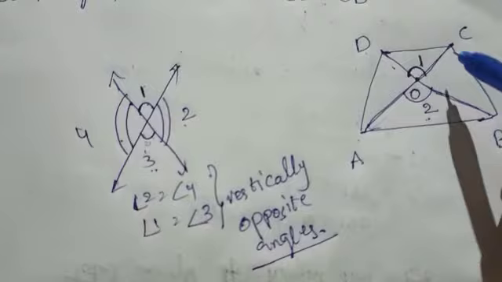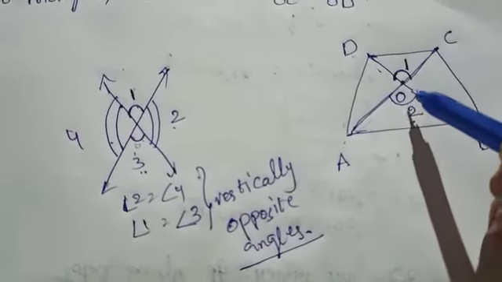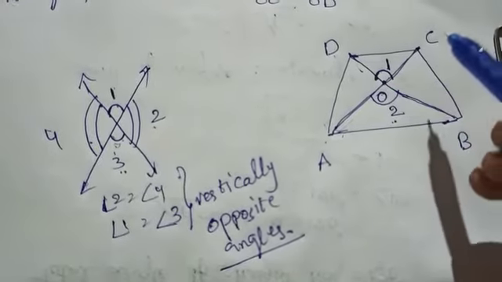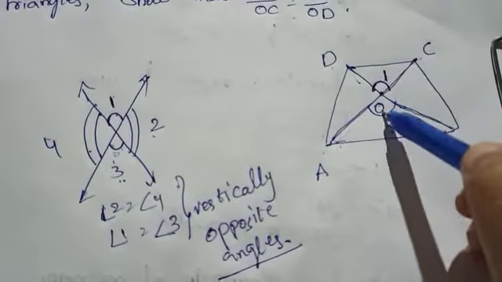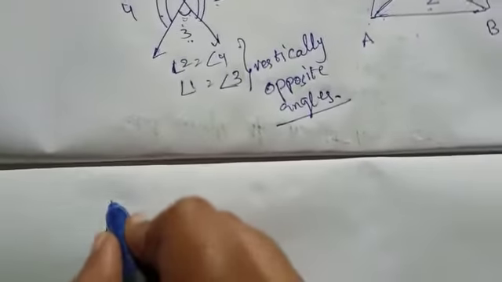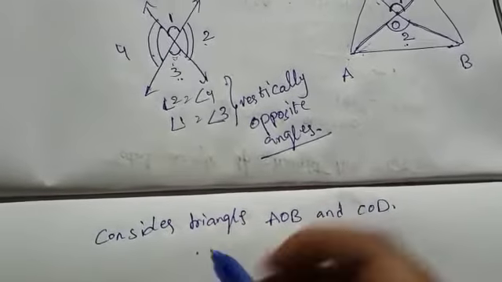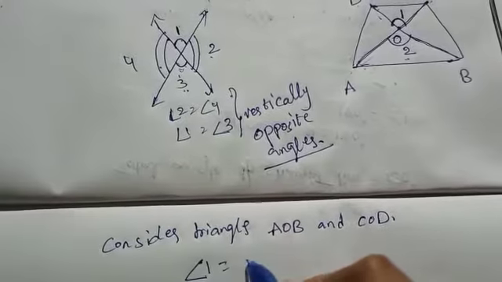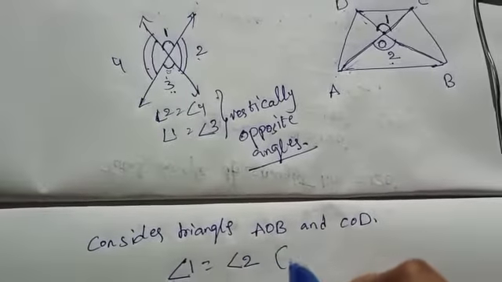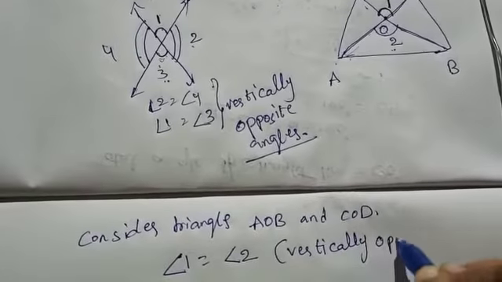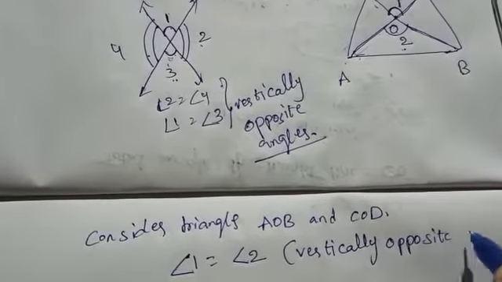Here consider triangles AOB and COD. Angle 1 equal to angle 2, vertically opposite angles.